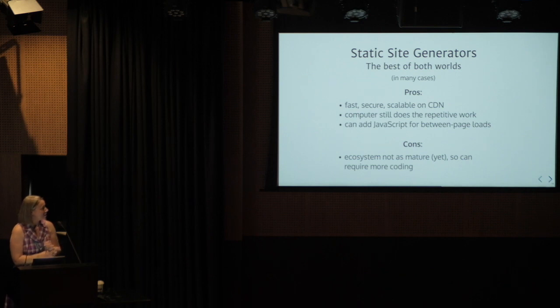One of the cons is that the ecosystem is not as mature yet. So the monolithic app of running application servers like Ruby on Rails or WordPress or so many other hosted CMSs is that they have all of these UIs and plugins and this entire ecosystem that has been around for a while, and people know how to use it, and there are handy tools you can use to build these sites without having to know how to code.